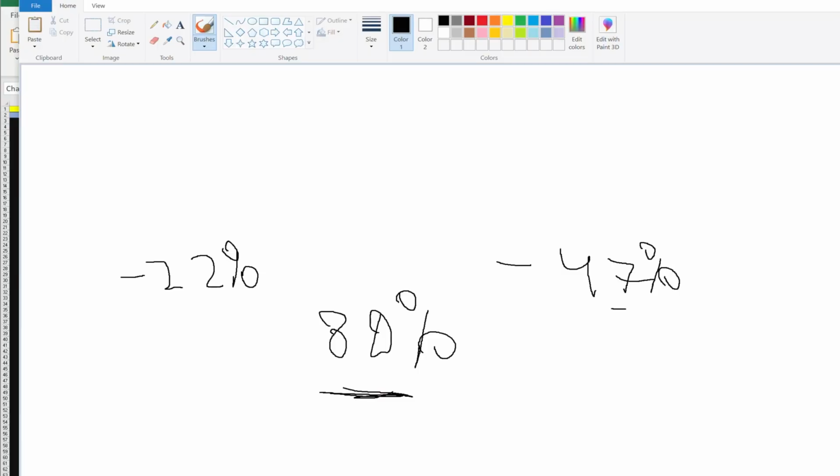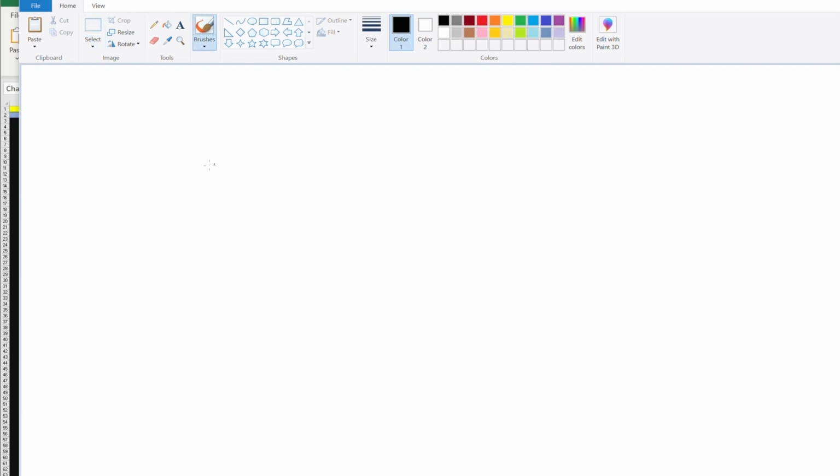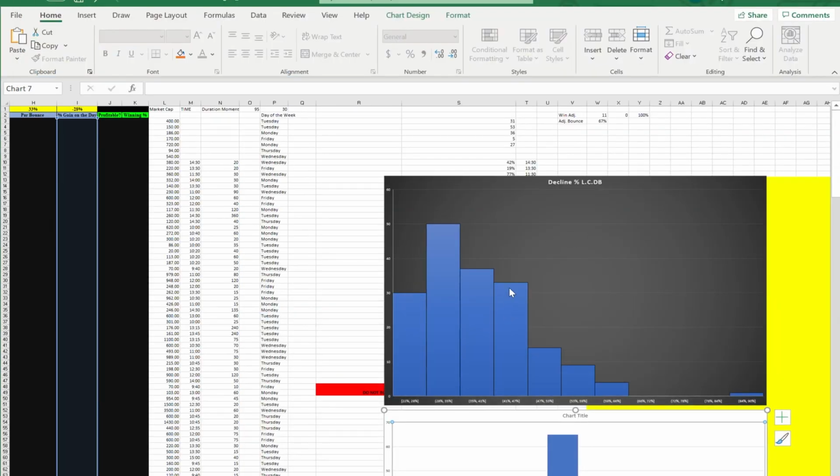So basically what this data means is that the average drop is, let's say, 26%, right? But let's say it drops 47%. We know from our data it still happens often, but 47 to 53 doesn't happen very often.